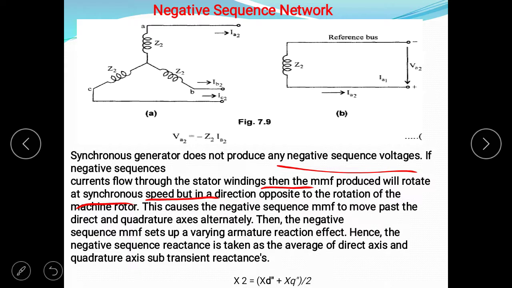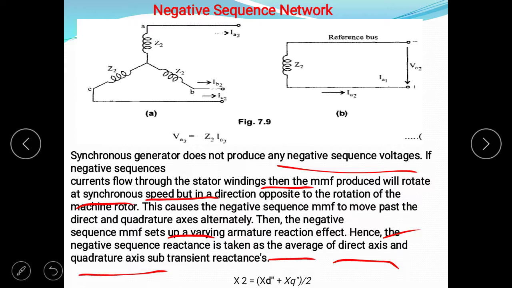So the negative sequence MMF moves past the direct and quadrature axis alternately. Then the negative sequence MMF sets up a varying armature reaction effect. Hence, the negative sequence reactance is taken as the average of the direct axis and quadrature axis subtransient reactance.